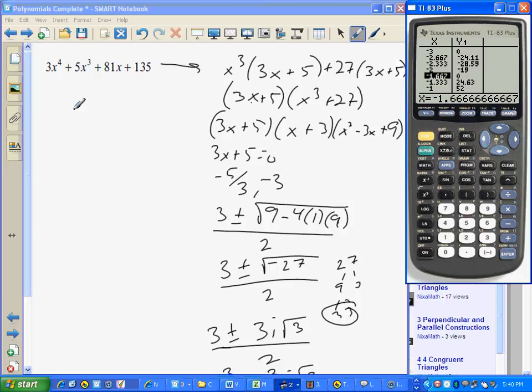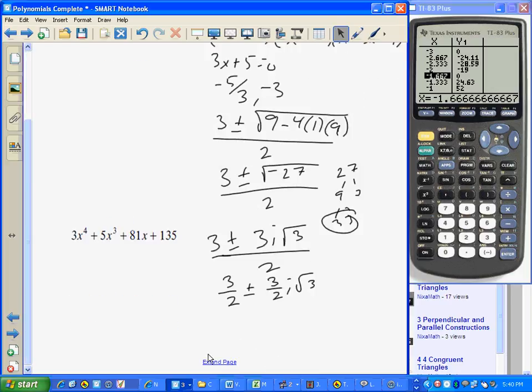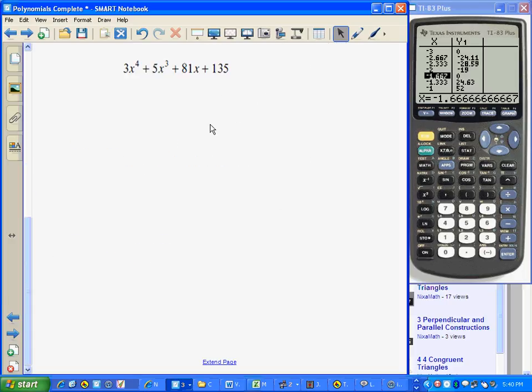So let's do this one with long division, so that way I can divide both of them out in one shot. So I'm just going to move this down so I can have some room to work here. So the 2 that I see on here are, I'm going to be dividing out x plus 3 and x plus 5/3.